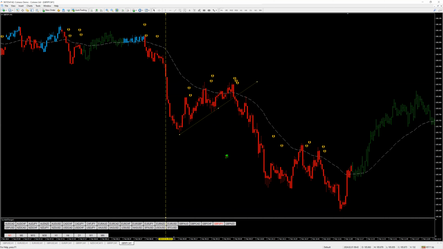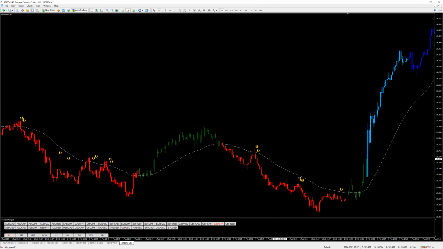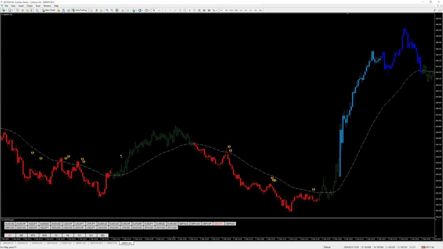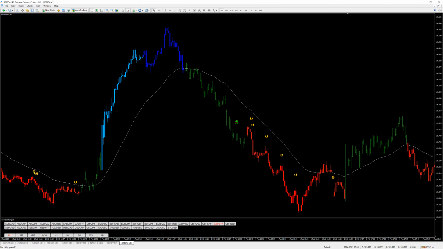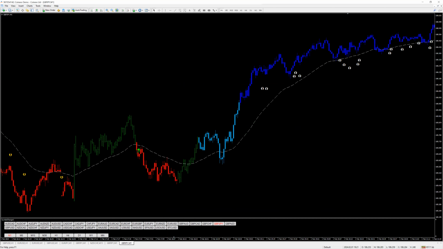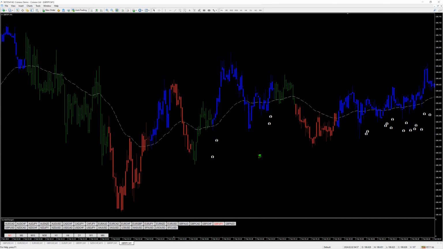Just the same system, just an easier read. You can see here's an entry, here's an exit. There's no entry long, here's an entry short. So it's keeping you in alignment with the higher time frame in this system.